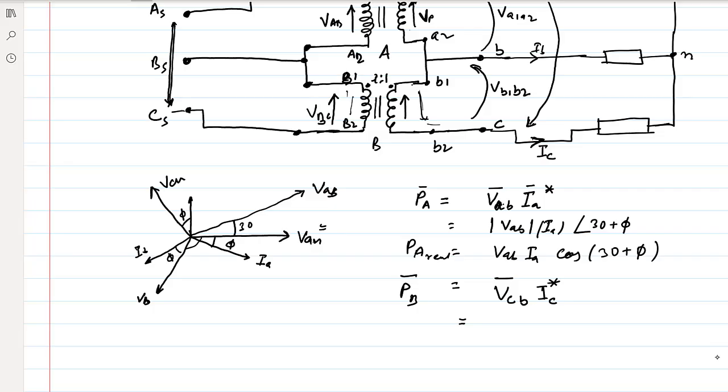So where would VBC be? VBC would be leading the phase B by an angle of 30 degrees. So if I just redraw it, let's say phi angle is somewhere here, IC here. Just for simplicity, let's say this is IC here. If I just extend it in the negative direction, this is this angle, right?